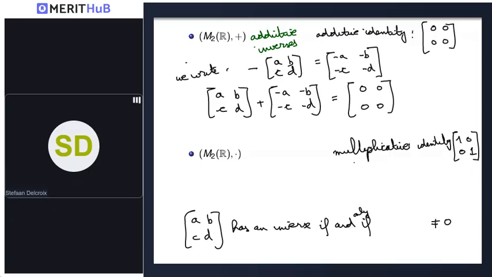AD minus BC. And what did we call that? The determinant. It determines if you have inverses or not. So, bad news. The matrices under multiplication, even if we kick out the zero matrix, have no multiplicative inverses.